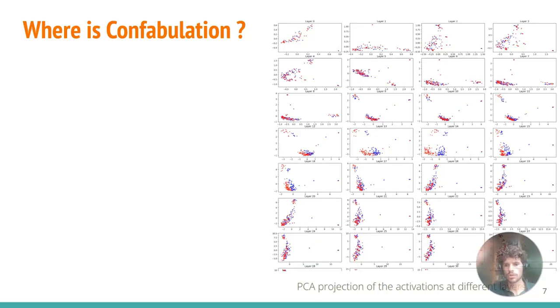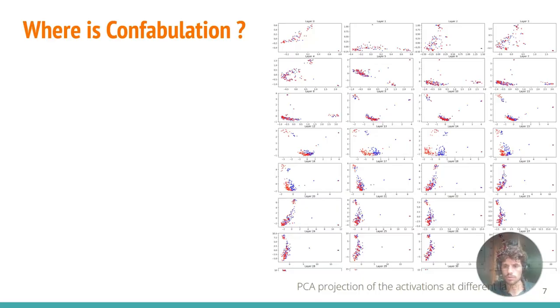If we go through all the layers and we look at the activation of all the prompts, we can see that in the first layers, all the information is mixed together. And it's only in the middle layers that the information between the known and the unknown data entities separates.